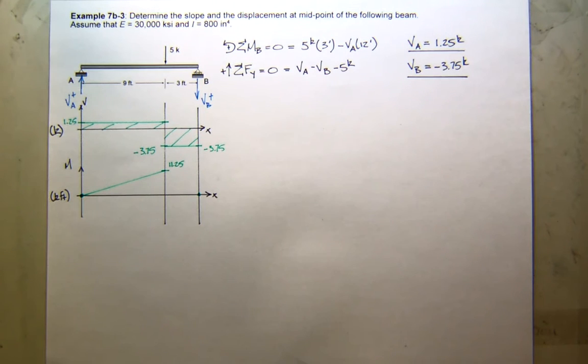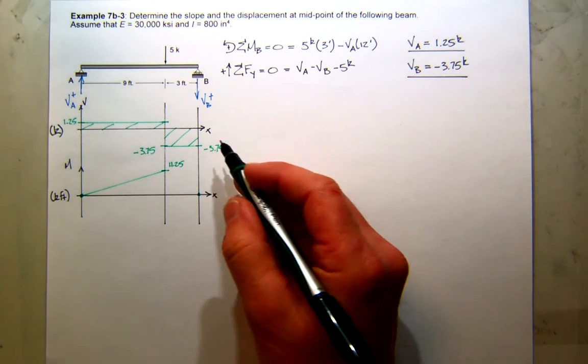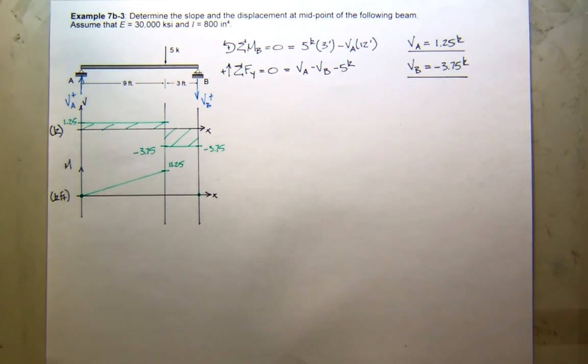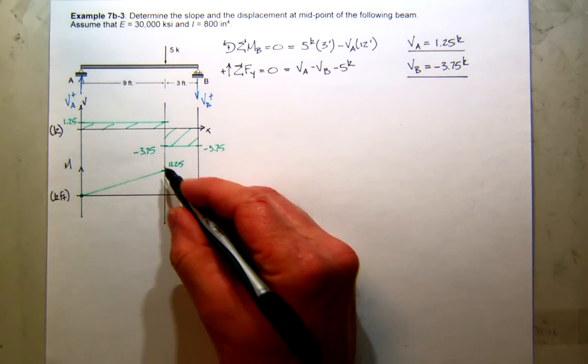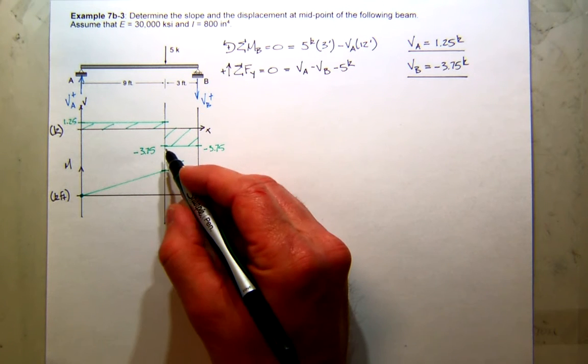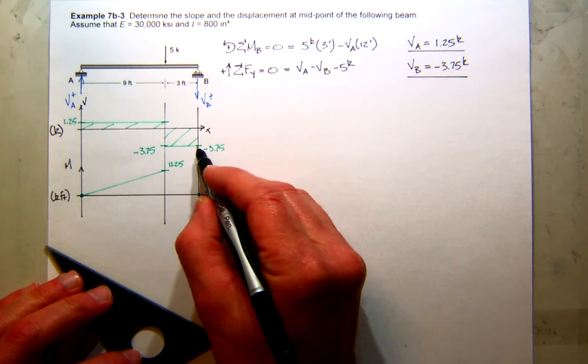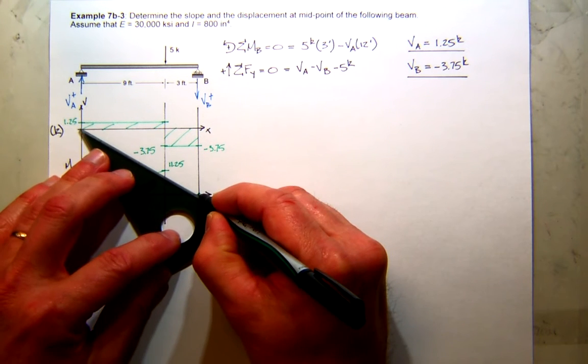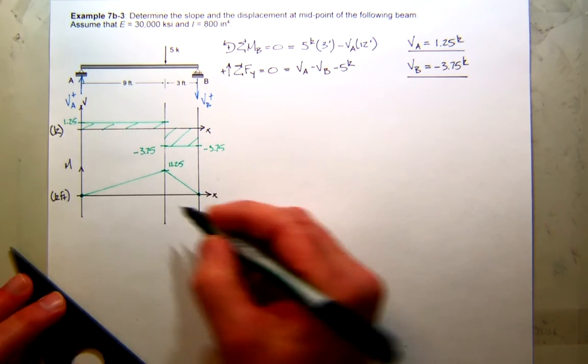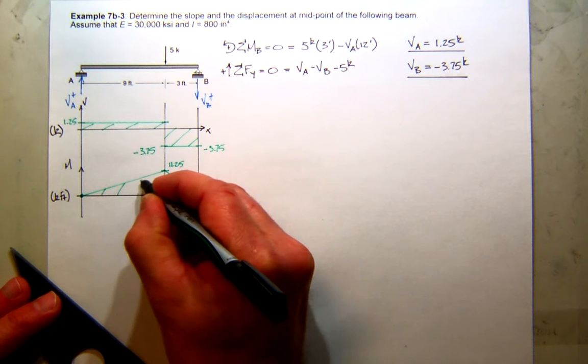Let's hope that's 11.25. And that's negative, so that brings us back to 0. That checks. And then we know the slope of the moment diagram is given by the shear, and the shear has a value in that range that's negative and constant. So here's a negative constant slope, and there's your moment diagram.